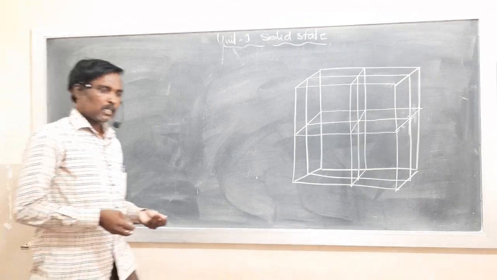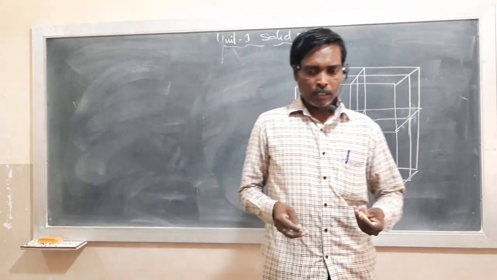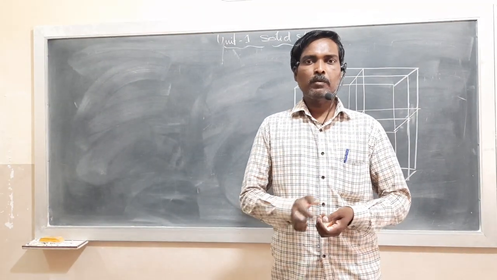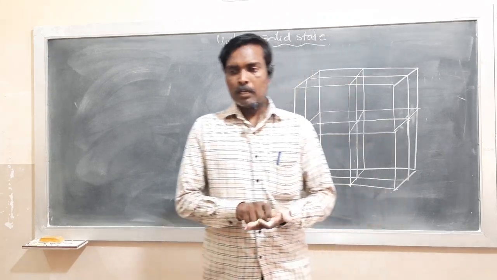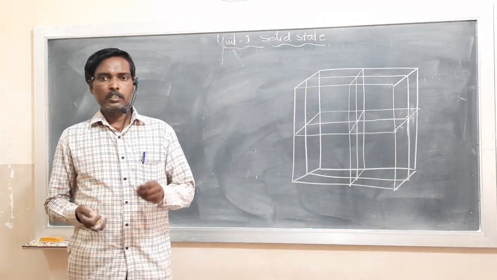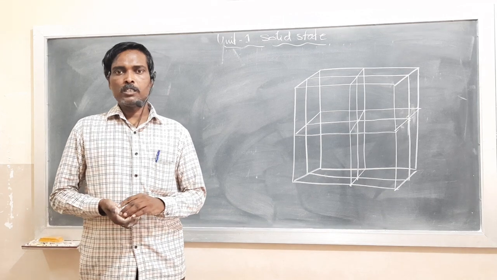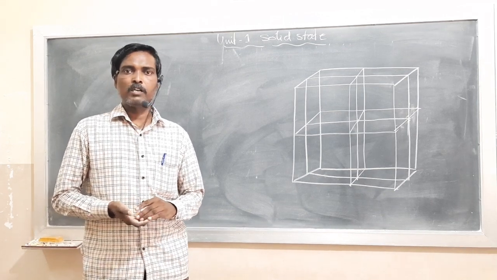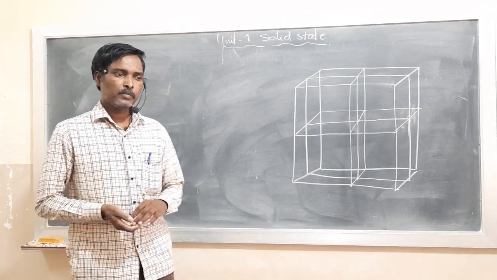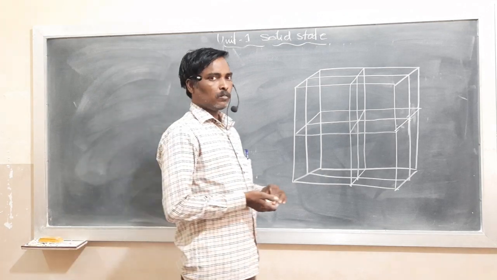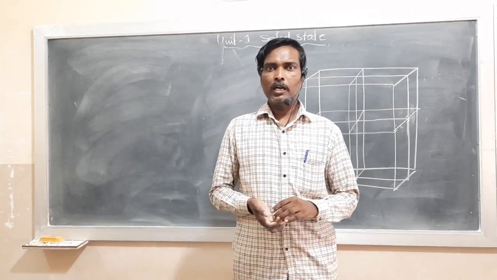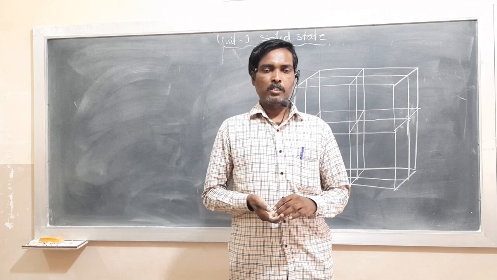Okay, students, the next concept in solid state is the calculation of the number of particles in a unit cell. Just as I told, we have only the cubic system. So in the cubic system, we have 3 types of unit cells: the simple cubic cell, body-centered cubic cell, and face-centered cubic cell.